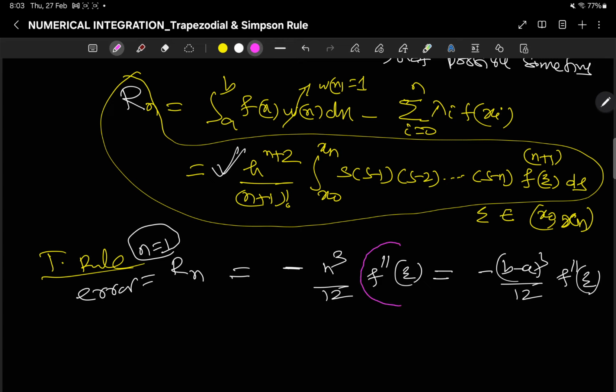You see one more thing. Since the error formula involves the second order derivative, for a polynomial of degree 1, f double dash zeta is equal to 0. That's why the error Rn here is 0. So the degree of precision of the trapezoidal rule is 1.